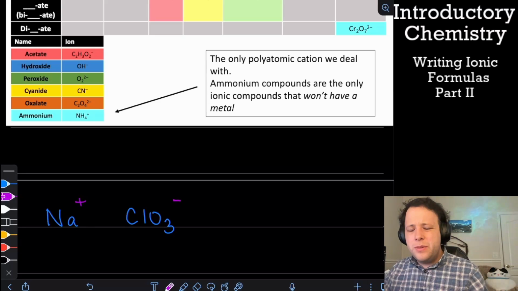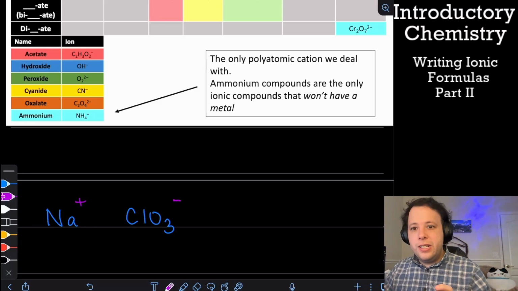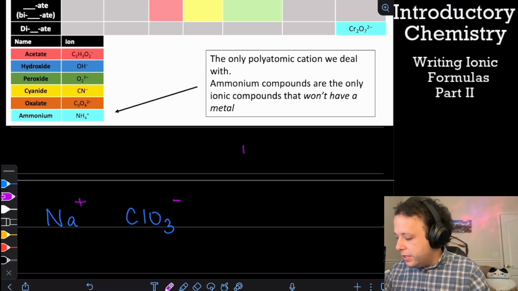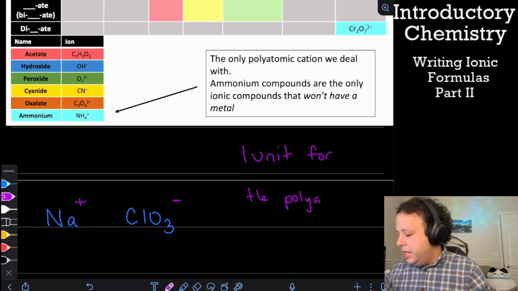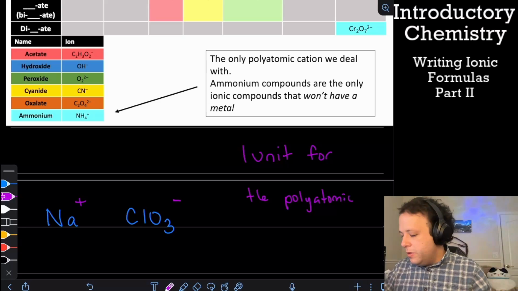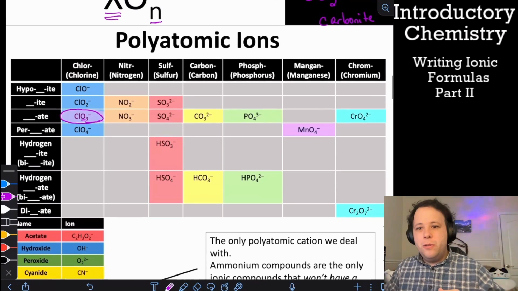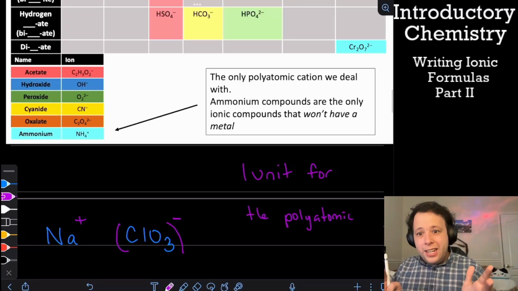So how does this work in terms of balancing charges and swap drop? Well, the way we have to imagine it is that the entire polyatomic is one single unit. It's almost as if this entire thing is in parentheses and the whole molecule has a -1 charge.